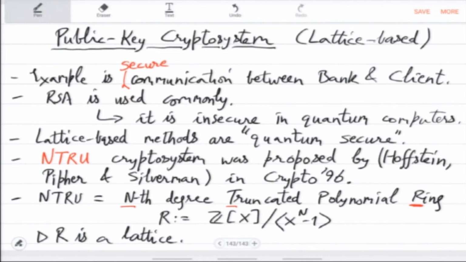So the message, the private key, the public key, they will all be elements of this ring. So they will all be lattice elements, and we'll do simple computations with them.